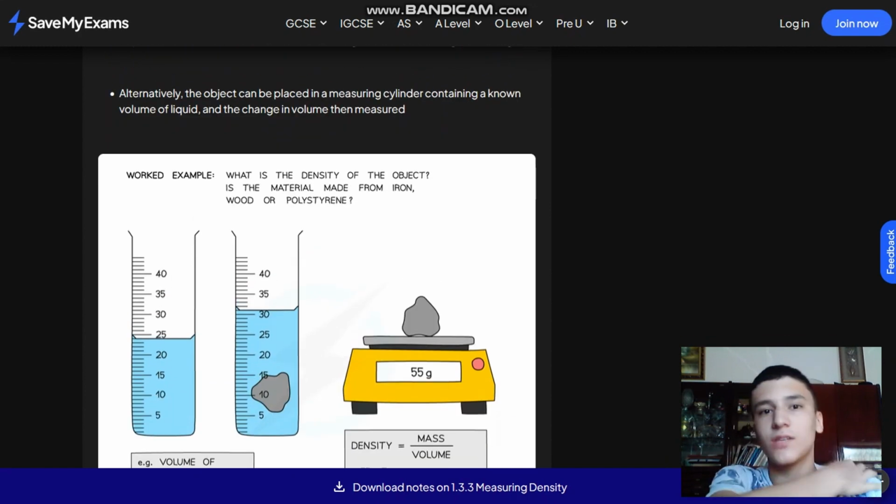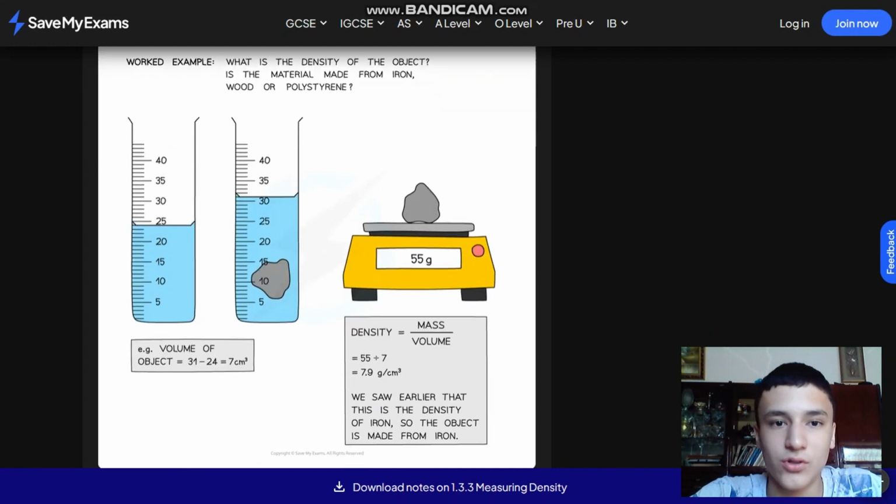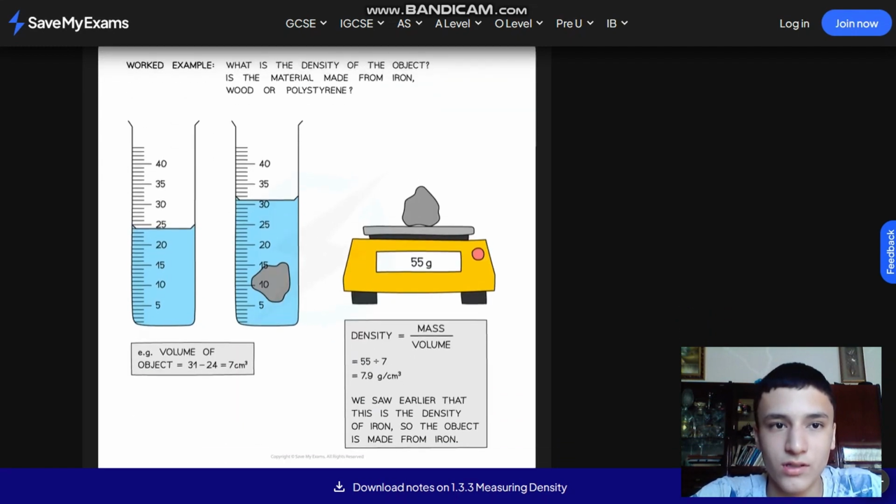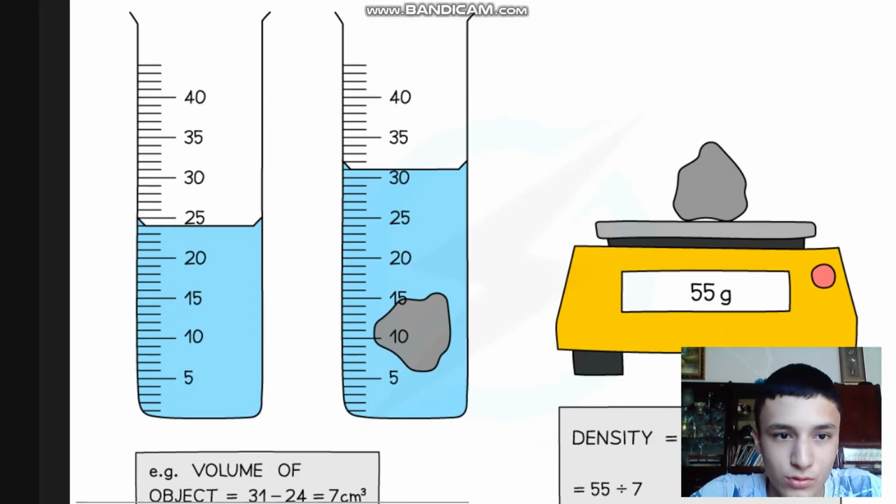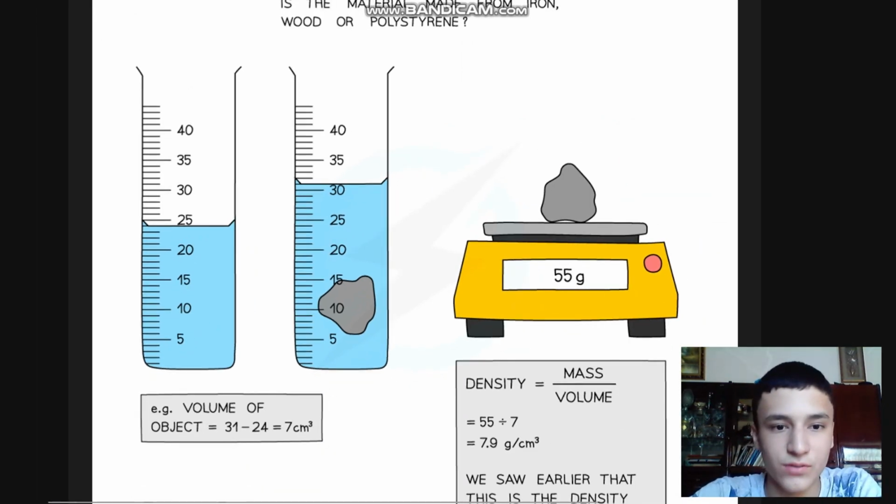Alternatively, the object can be placed in a measuring cylinder containing a known volume of liquid, and then measure the change in volume. As you can see here, it was at first 24 centimeters cubed, and then it became 31.